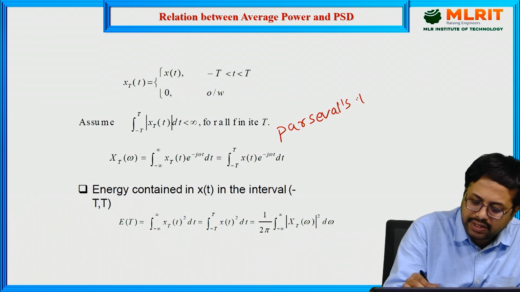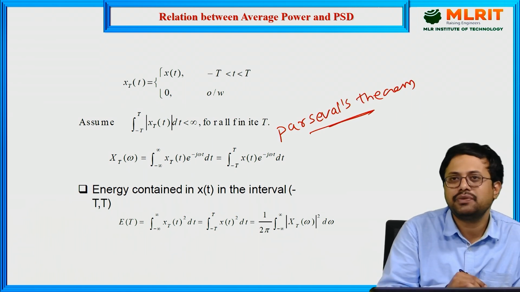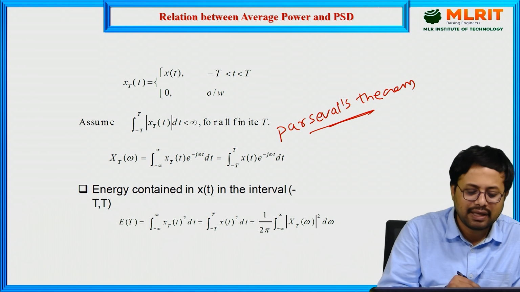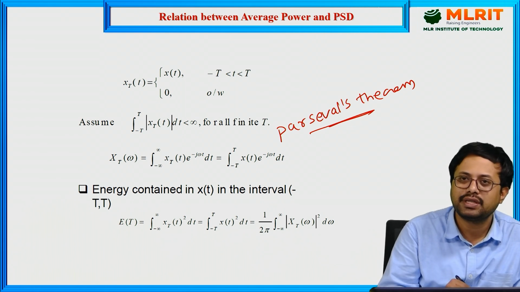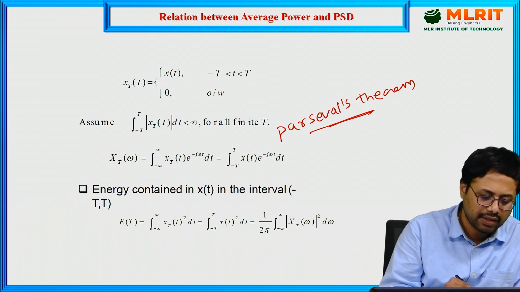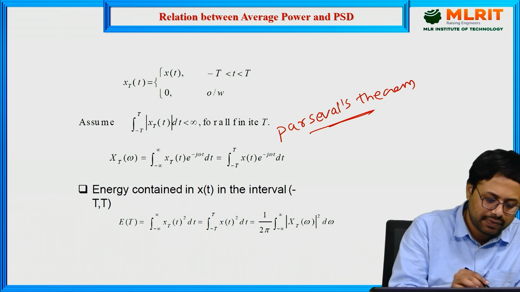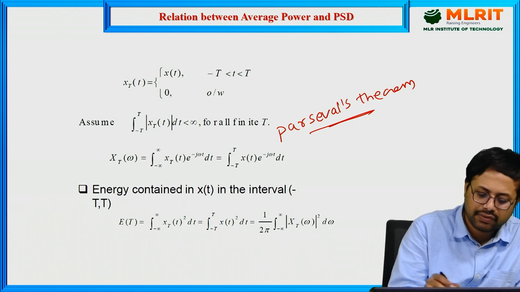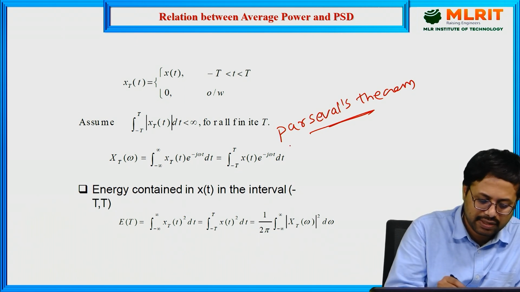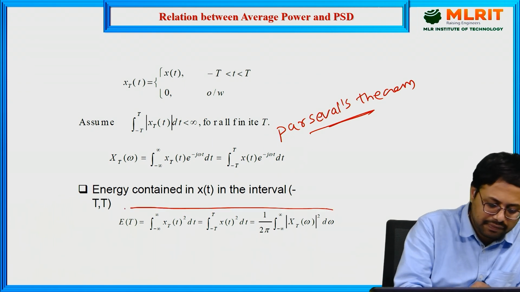From the definition of Parseval's theorem, it gives a relationship between energy of the signal in time domain and frequency domain. This is x_T of omega. First, this is Parseval's theorem.